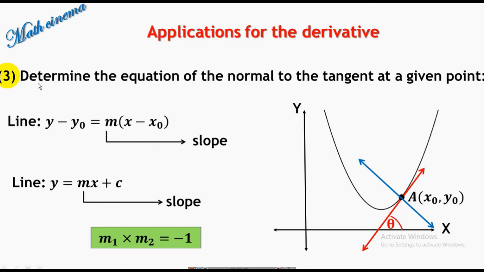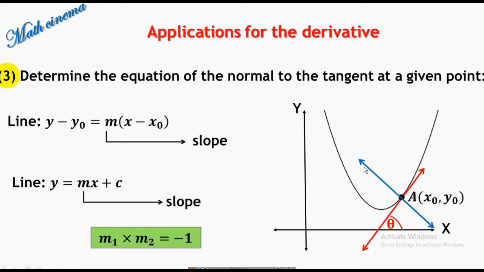Now the third application is determine the equation of the normal to the tangent at a given point. The normal is a line and the equation of the line is y minus y node equals m times x minus x node, or y equals mx plus c.